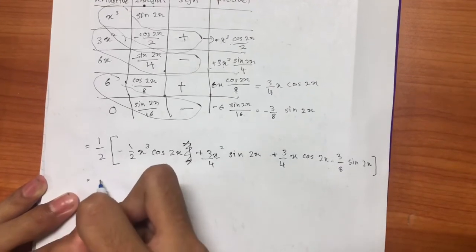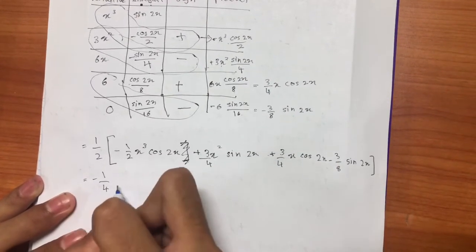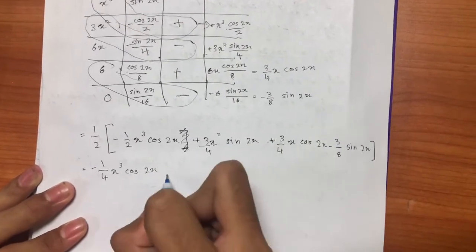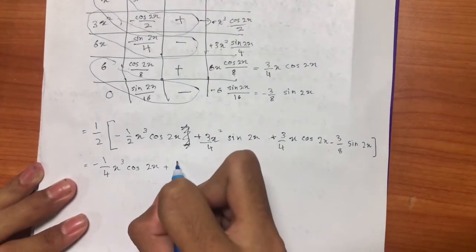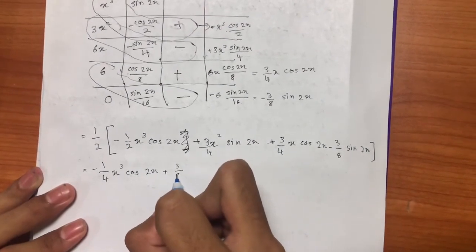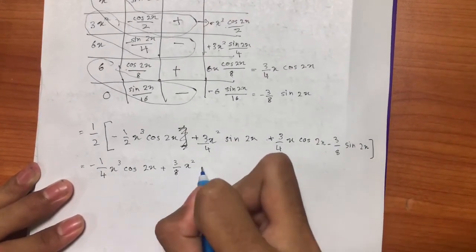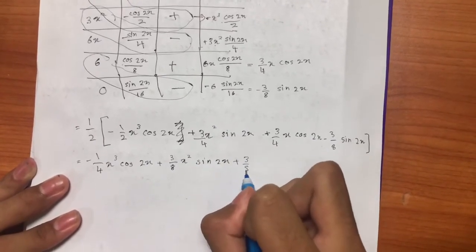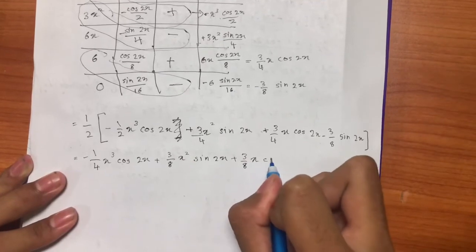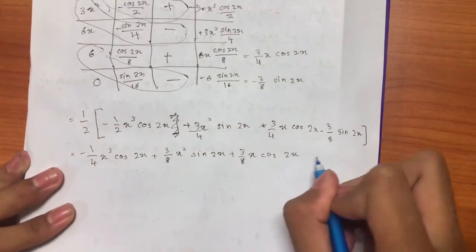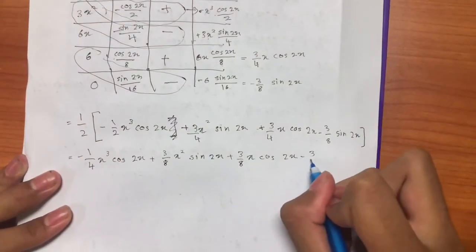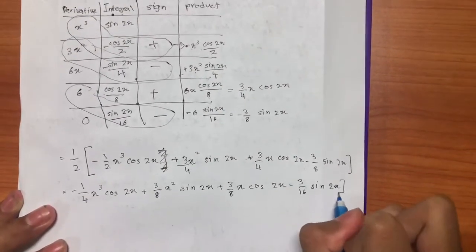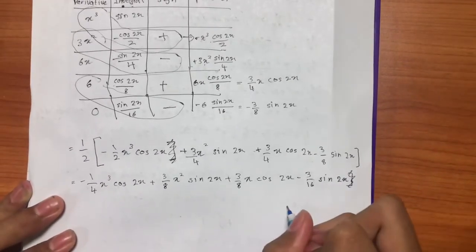So we can simplify it as negative 1 over 4 x cubed cos 2x plus 3 over 8 x squared sin 2x plus 3 over 8 x cos 2x minus 3 over 16 sin 2x. So this is the answer.